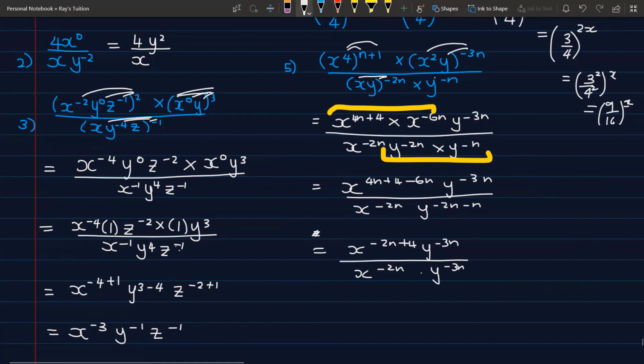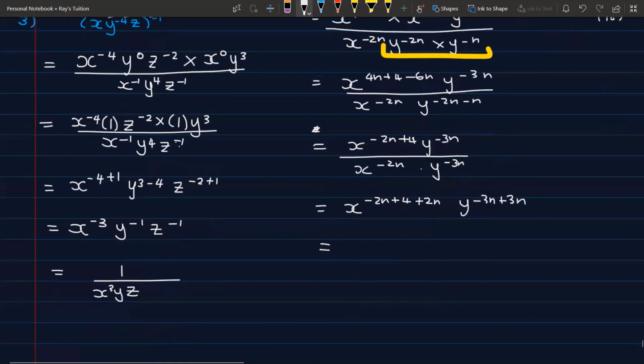Then what we can do is we can put them over one base, so minus 2n plus 4, and we're going to take that up, so the sign is going to change to plus 2n. Then we have y to the minus 3n plus 3n. So when we move it across the division sign, the sign changes. Okay, so then the 2n's cancel out, leaving us with x to the power 4, and that leaves us y to the power of 0, which is just x to the power of 4, since y to the power of 0 is 1.